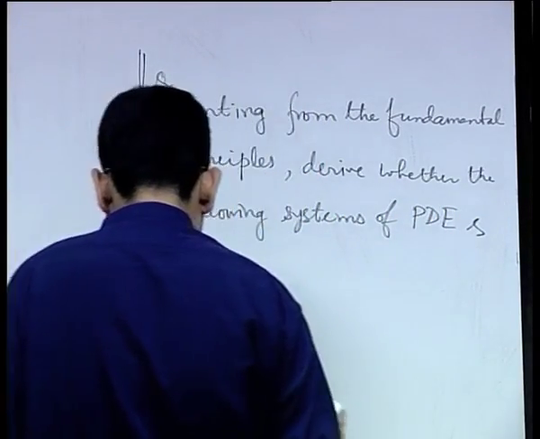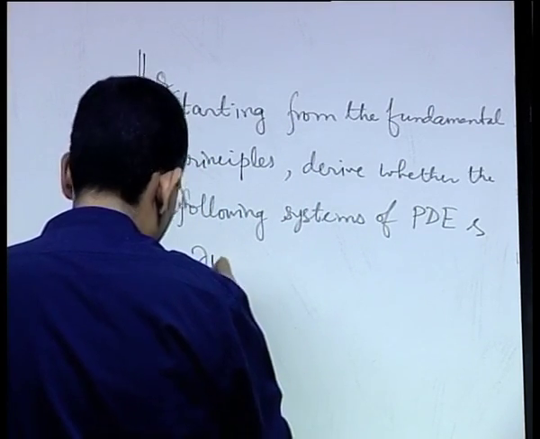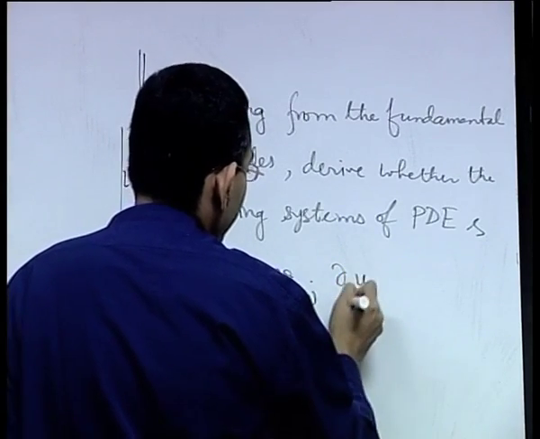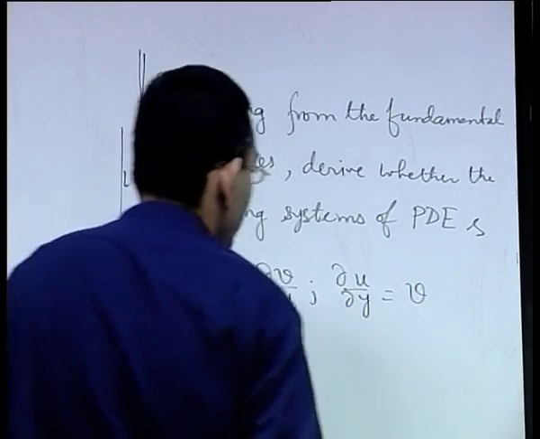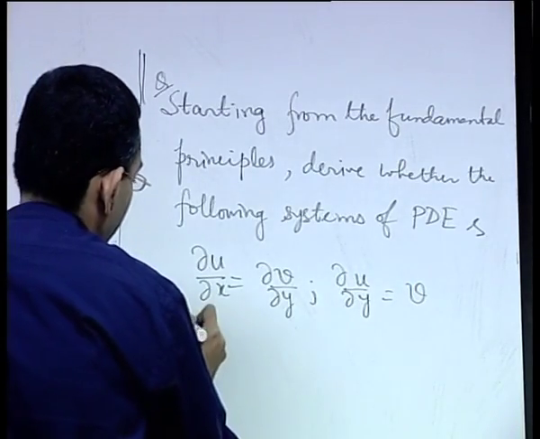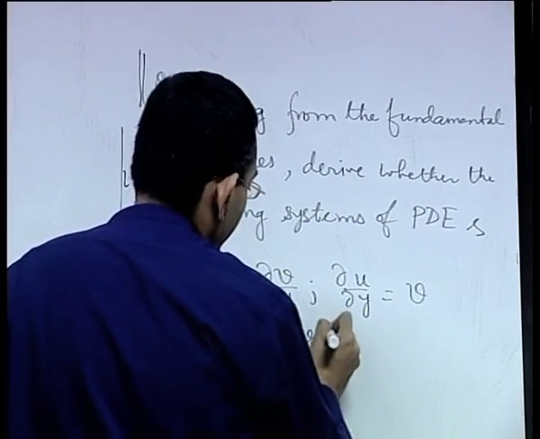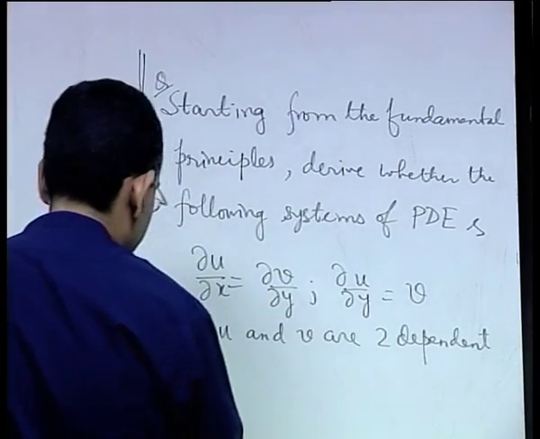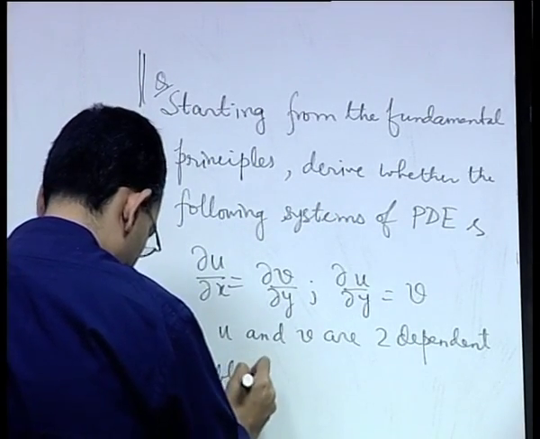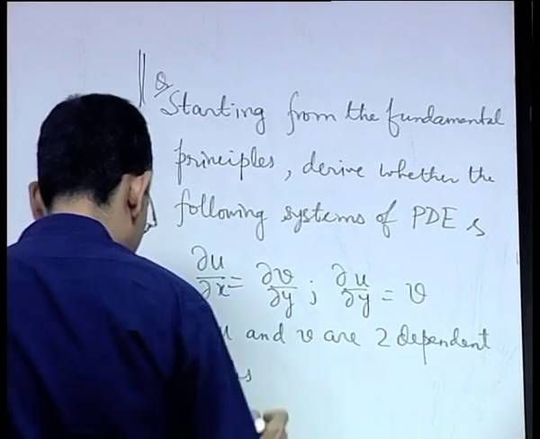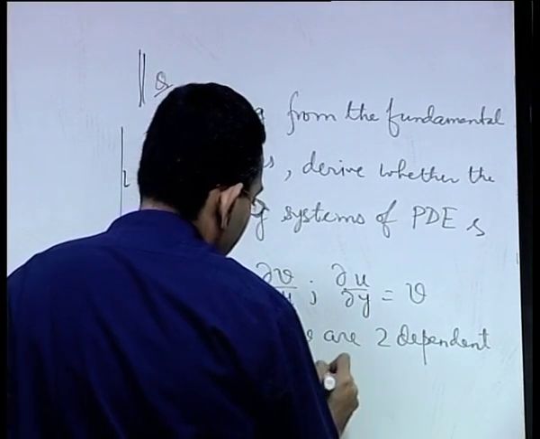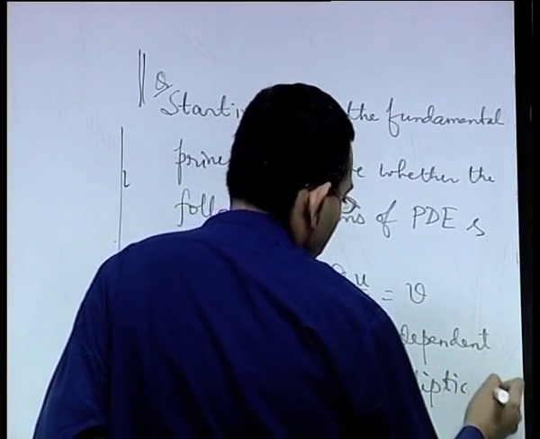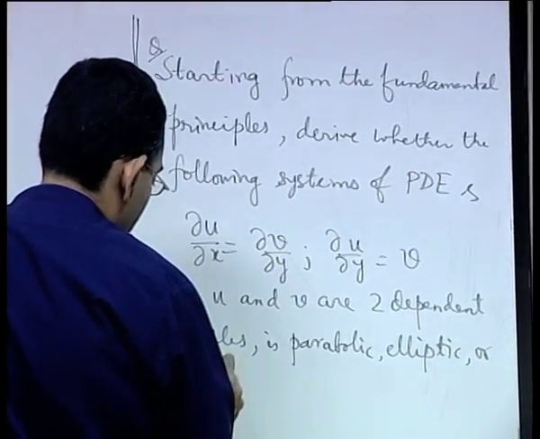that is partial differential equations, del u del x is equal to del v del y and del u del y is equal to v, where u and v are two dependent variables, is parabolic, elliptic or hyperbolic.